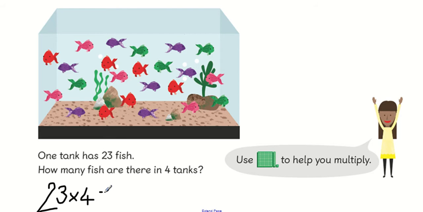Okay, there we go. And we have got a very helpful speech bubble over here saying use base 10 to help you multiply. Okay, I am going to dive into the method we were using yesterday then. So I'm going to partition my 23 into 20 and 3.